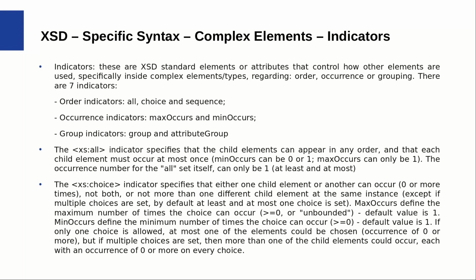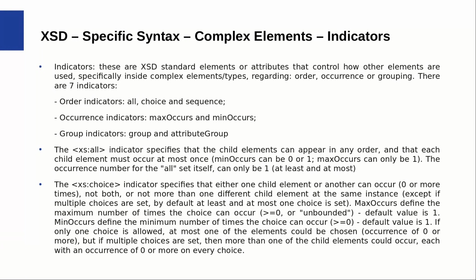So now let's see one important subtopic, which is complex element indicators. We have 7 indicators regarding the order, the occurrence, and the grouping of nested elements. Starting from the order indicators, we have the all element, the choice element, and the sequence element. We've already seen the sequence one a lot, but we also have the choice and the all.